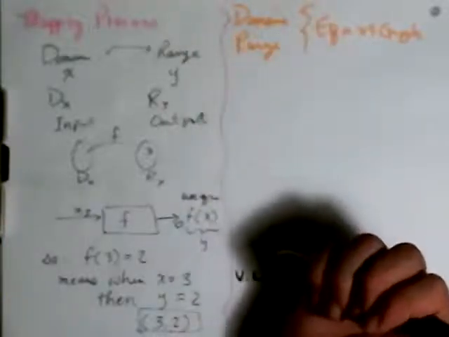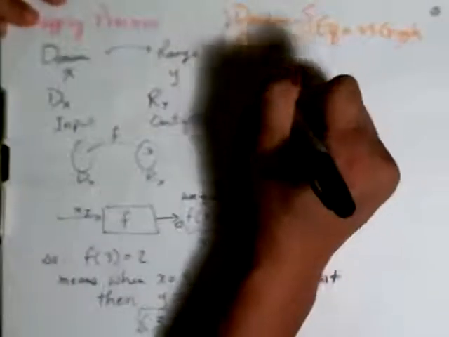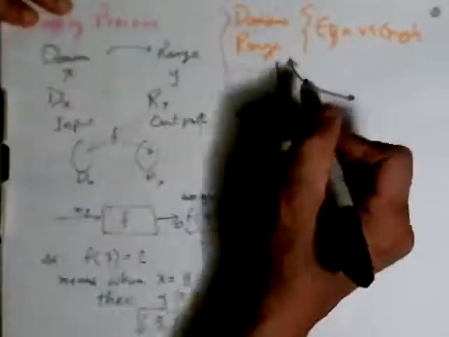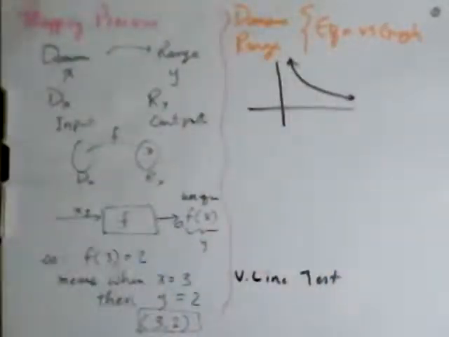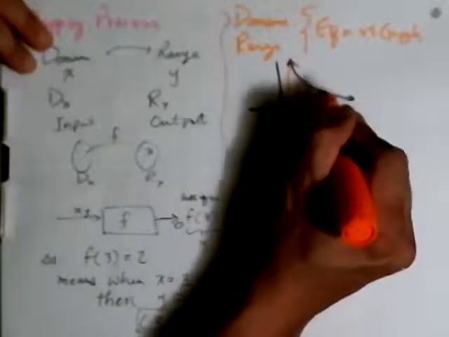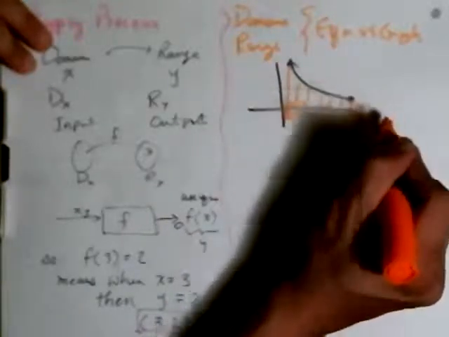Okay, so if a function looks something like this, graphically, then these are my domain that goes from here all the way out, because it's going out this way, right?